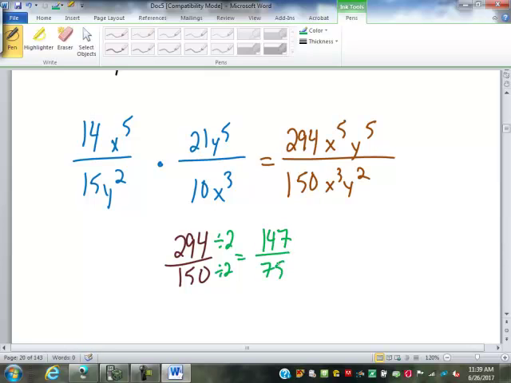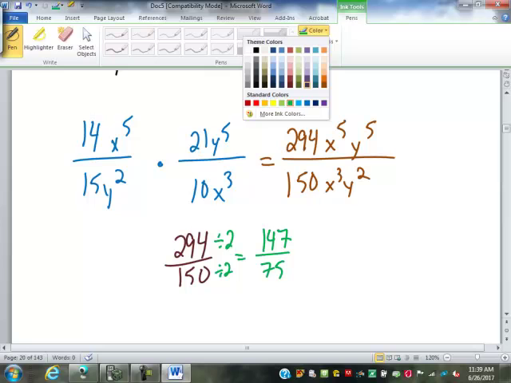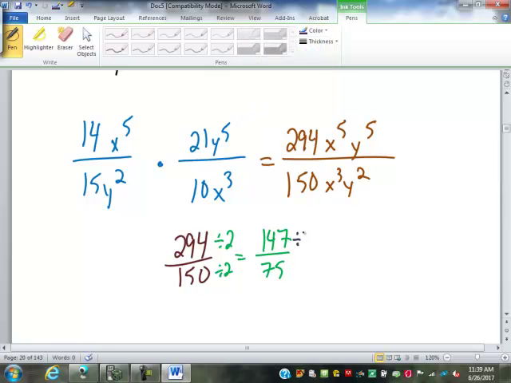Are we done? Say no. They can both be divided by 3, right? That gives us 49 over 25. So then we've got x squared on top and y to the third on top.